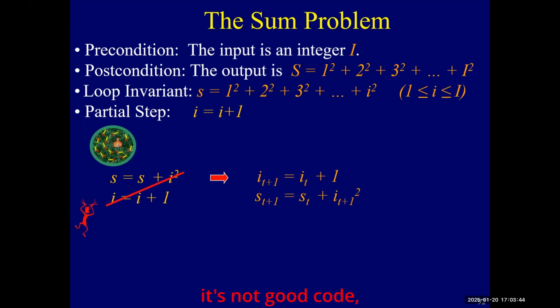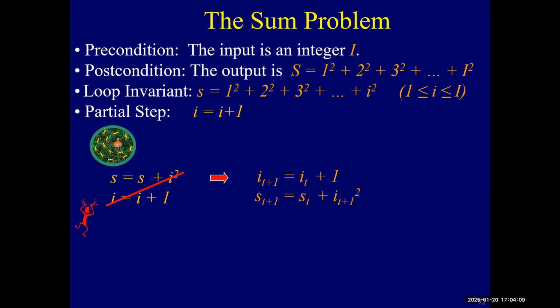It's not good code, right? Why is it not good code? It's because what we're supposed to be adding onto S is the new value of I, and here we're adding on the old value of I. You know how you write code and your code is always off by 1?